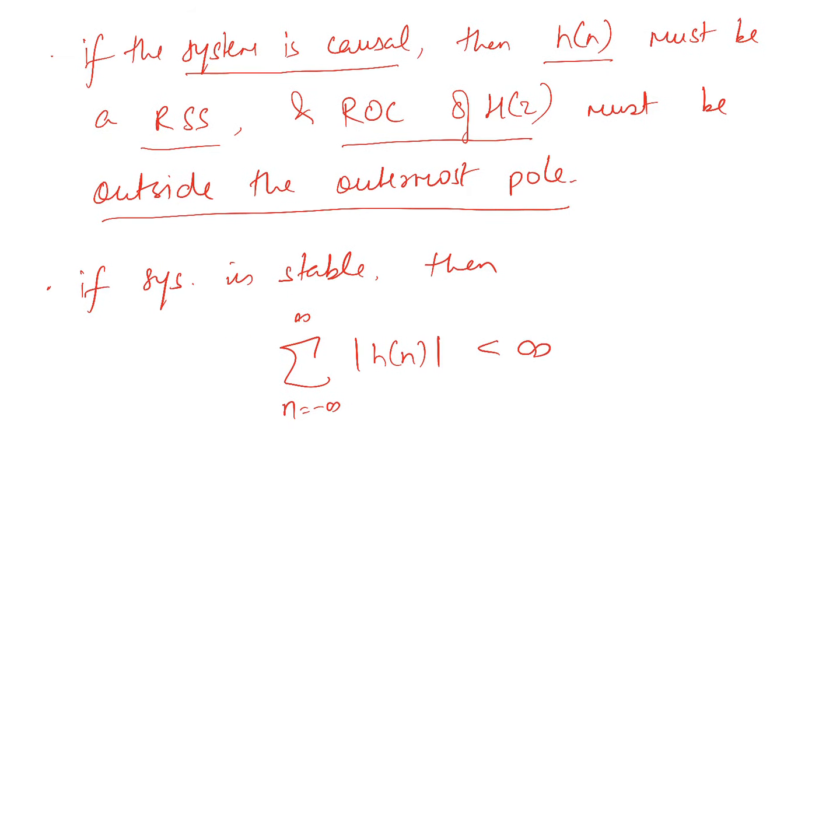Or you can say that the sum for n from minus infinity to infinity of the modulus of h[n] z to the power minus n is less than infinity for mod z equal to 1. Now you can see clearly that the condition for stability is equivalent to the condition that the ROC of H(z) includes the unit circle, and this is what we had analyzed earlier as well.